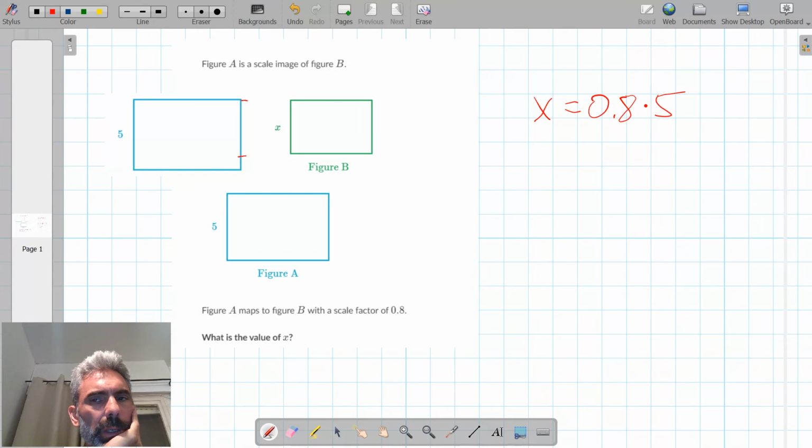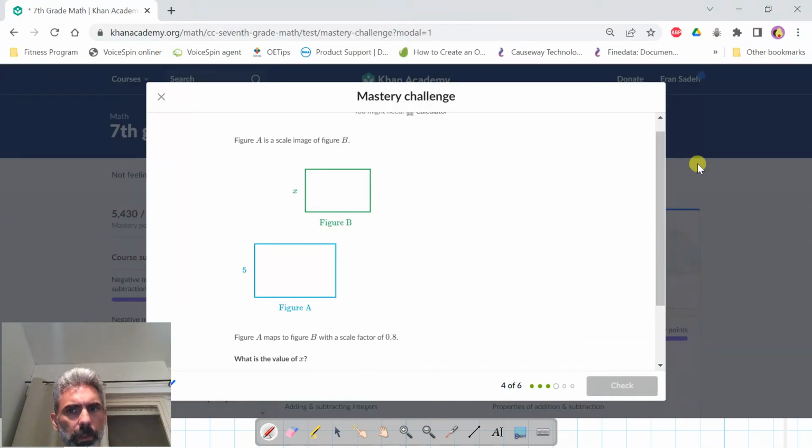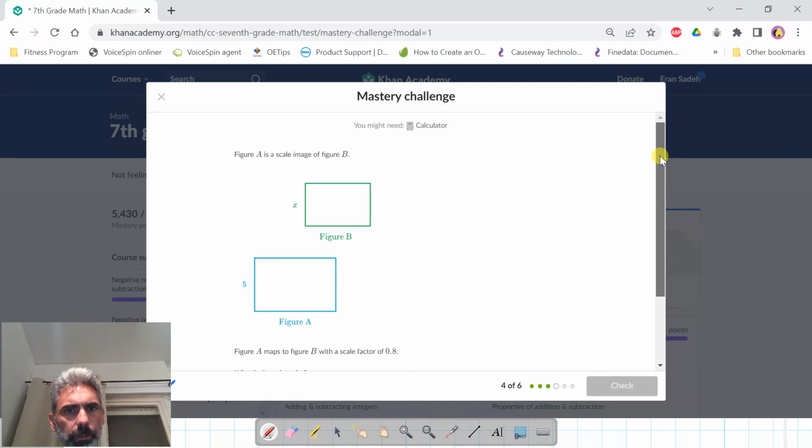And 0.8 of 5 is 4. Right? 8 times 5 is 40. Shift the decimal point one place to the left. So I get x is 4. So why do I need a calculator?